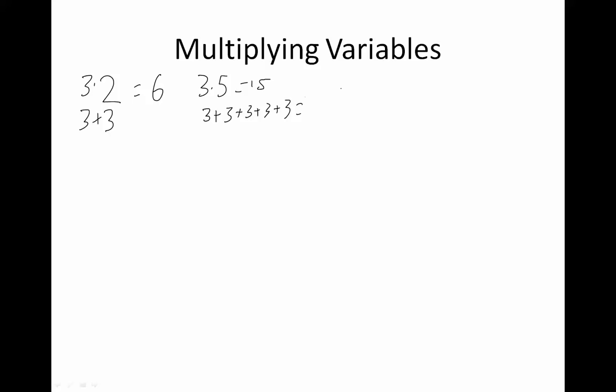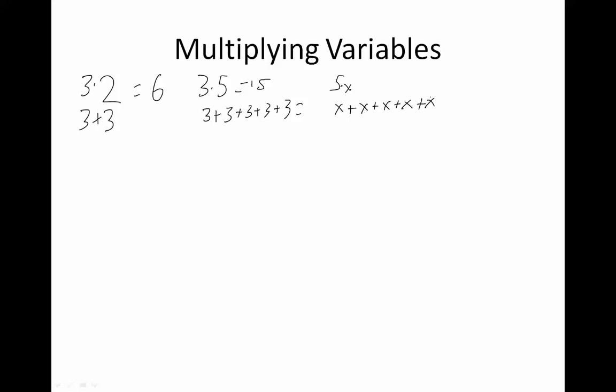This same logic applies when we move to variables. When I write 5x, we know that that's 5 times x. And what that really says is we're taking that x and adding it to itself 5 times.